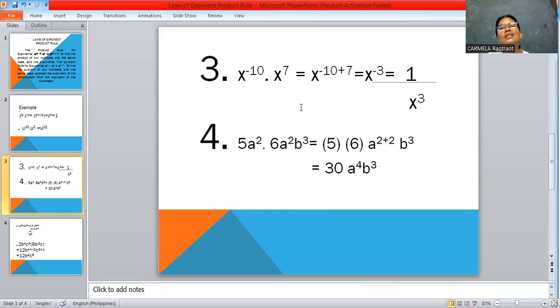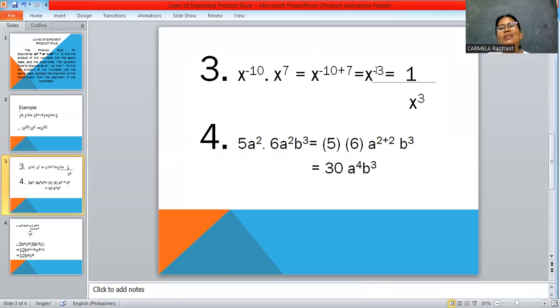Okay, so let's have another example. A difficult one: x raised to the power of negative 10 times x raised to the power of 7. That is equal to x raised to the power of negative 10 plus 7. So negative 10 plus 7, okay, the rule of integers. So what you're going to do? Which sign does the number with the larger absolute value have? That is negative.